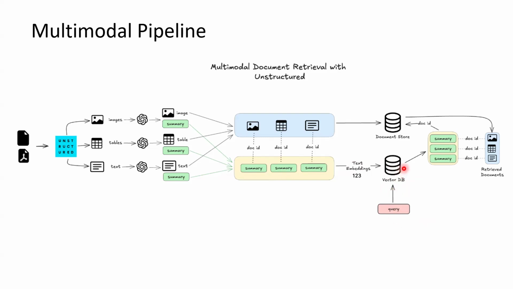My search will happen on these summaries, because my vector database does not have these images. It is just having summaries. So I had one image which was of Lord Ram. So it has created one summary that Lord Ram is going towards Sri Lanka or something like that.